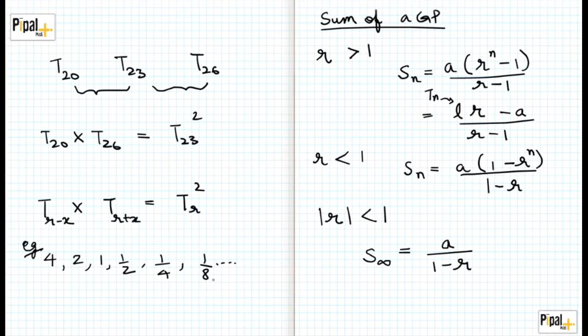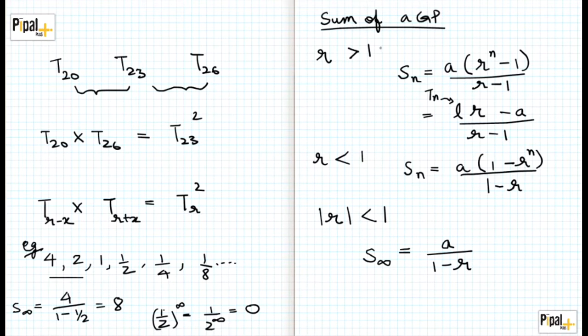Half to the power infinity is equal to 1 upon 2 to the power infinity, which is equal to 0. So 1 minus 0, this bracket becomes 1, so we don't need to write it at all. In this series, the sum of infinite terms is going to be A upon 1 minus R, which is 4 upon half, which is 8.